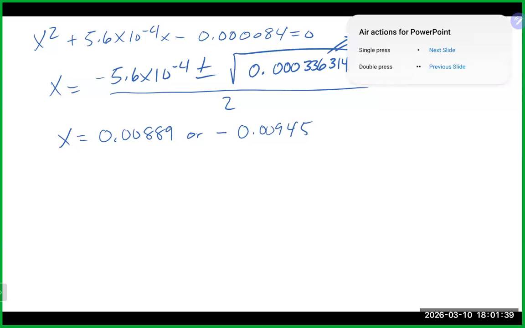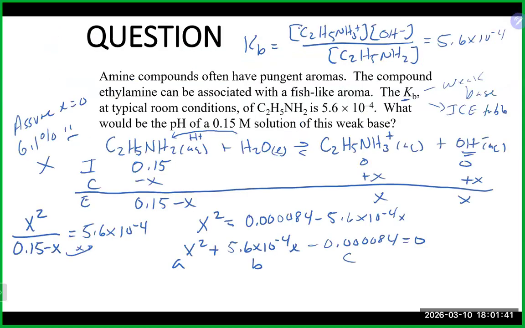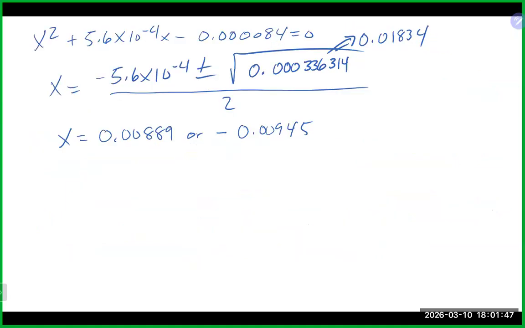Looking back at our ice table here, we could obviously see the OH minus equals x. So clearly the negative number not going to work very well for us. That means in this case, x does equal the hydroxide concentration. Once again, the hydroxide concentration and not the H plus concentration.